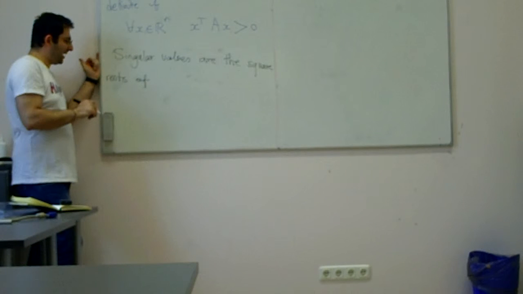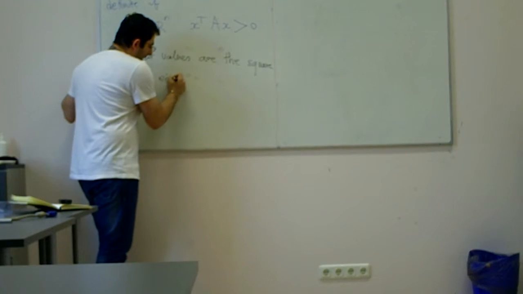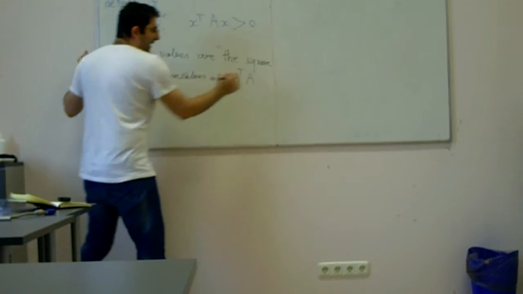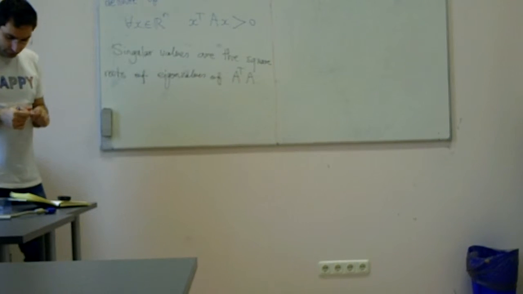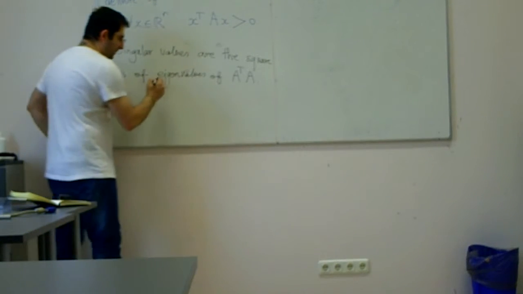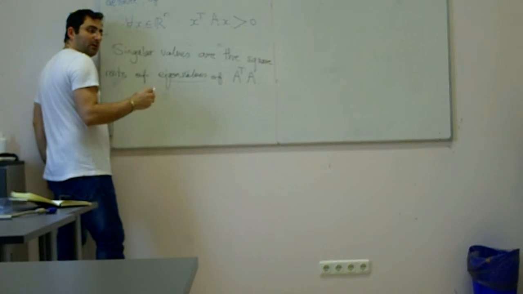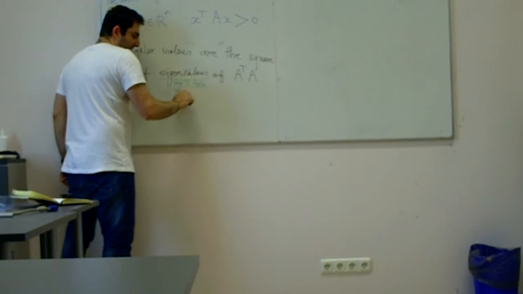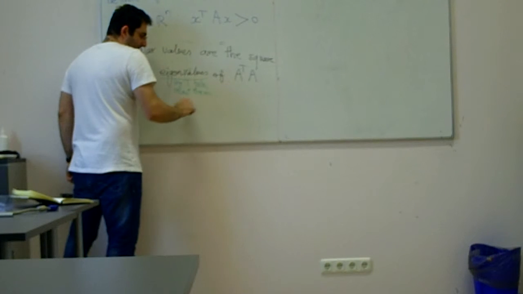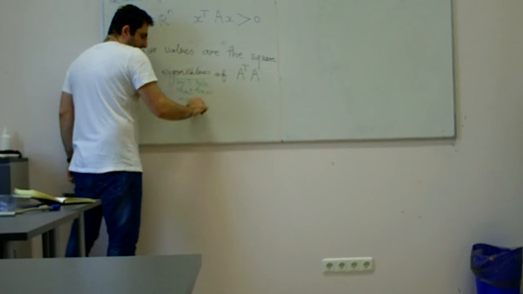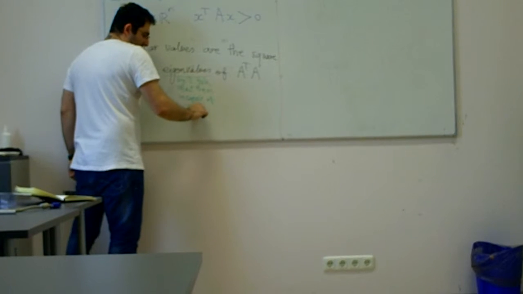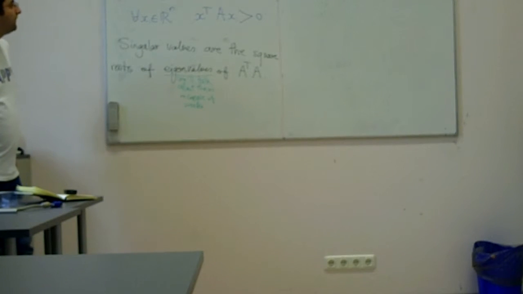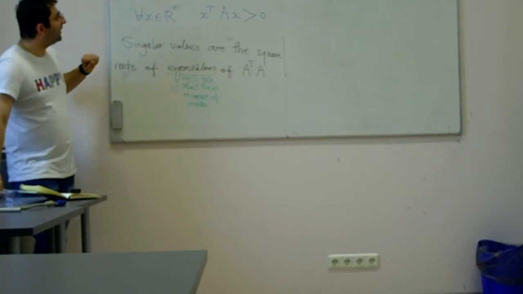Singular values are the square roots of the eigenvalues of A transpose A. So check what eigenvalues are, but we will talk about them in detail in a couple of weeks. We will get back to these topics shortly. So we know the meaning of the singular value.